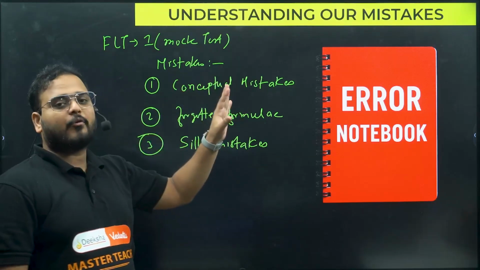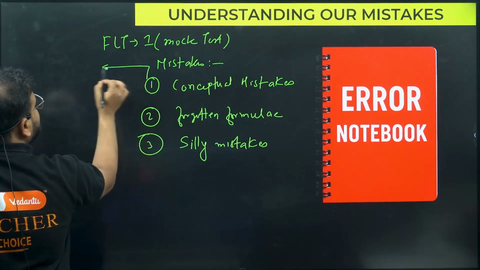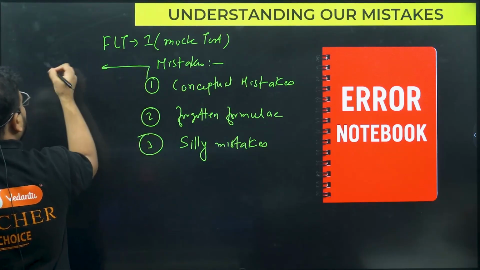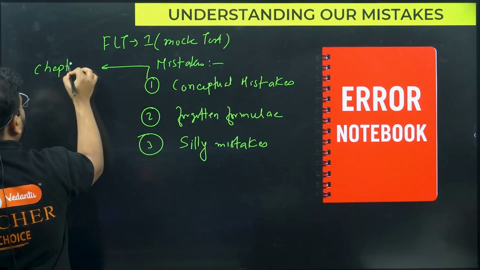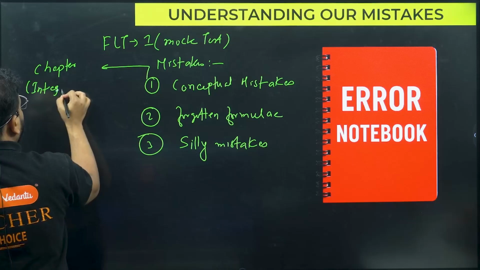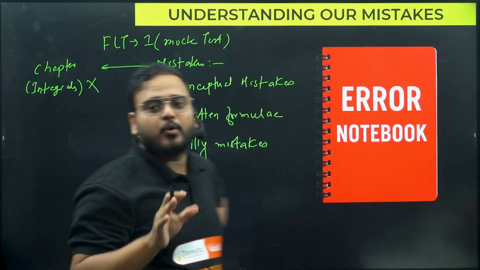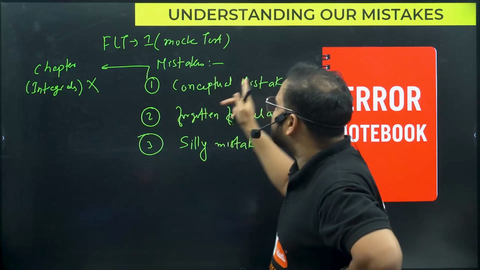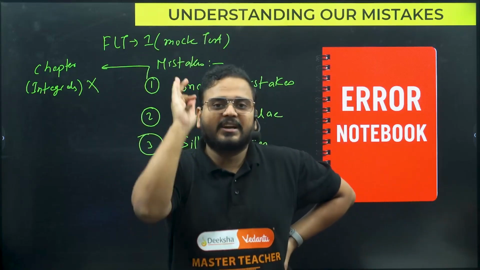Conceptual mistakes, how can you avoid them? Conceptual mistakes can be of a couple of types. Let's say a chapter that I don't want to study. For example, a lot of students don't want to study integration. So integrals, you have kept out of the syllabus. If you are making a mistake in that chapter, I am Ankit, I've decided that I will not study integration.